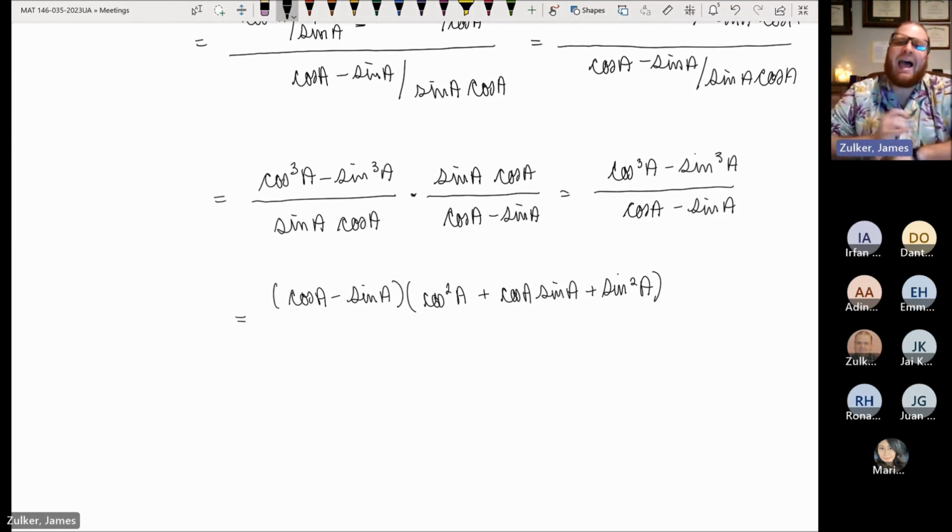If you have a cubed minus b cubed, that factors to a minus b times a squared plus a times b plus b squared.